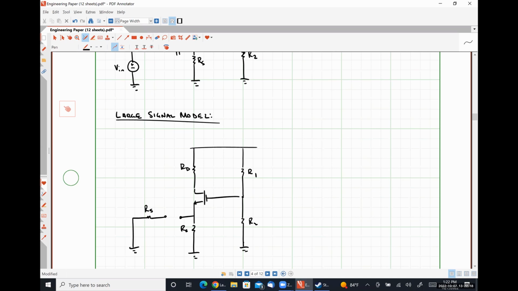Right. Where this is our drain current ID. Just for the sake of argument, this is VS, VG, and this voltage right here is VD. We can see very easily VG is just VDD times R2 over R1 plus R2.